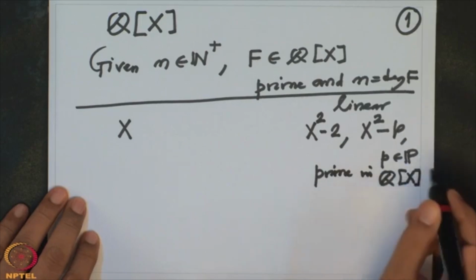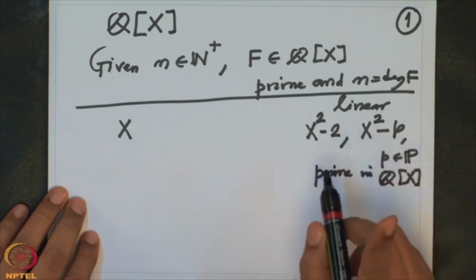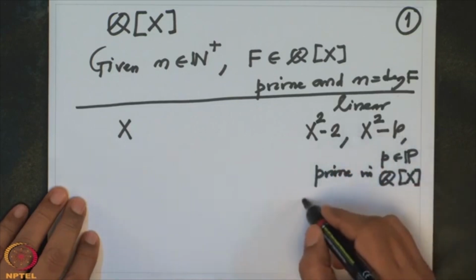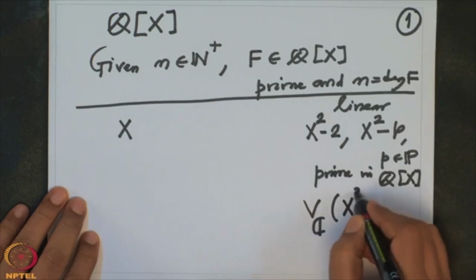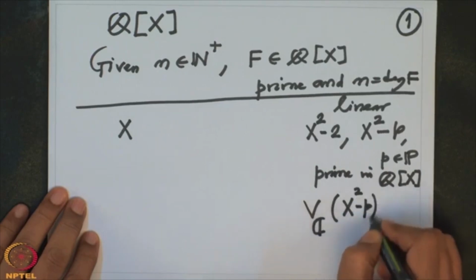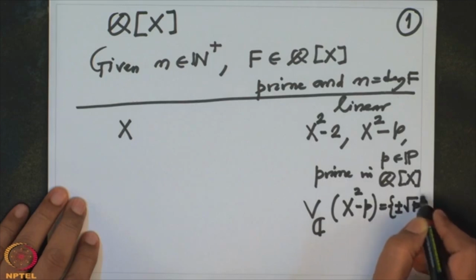Simply because we know what the zeros of these polynomials are in complex numbers. The zeros of x squared minus p are square root of p, with a plus sign or minus sign.